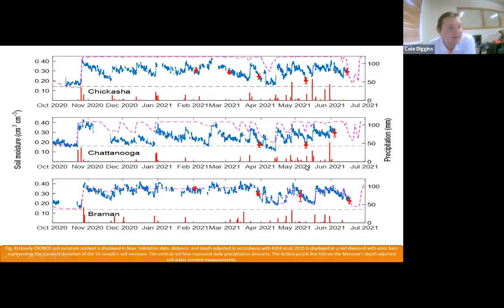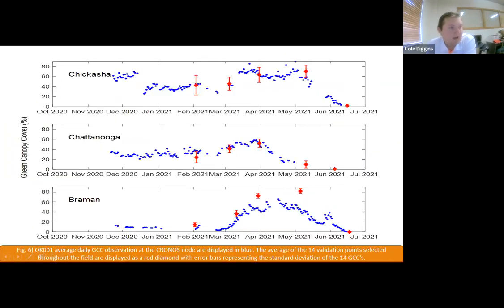I want to bring you back to this soil moisture point where around the same time, we end up going below the permanent wilting point. And we're able to see and understand, thanks to the wide-reaching vision of these stations, of the soil plant atmosphere continuum, we're able to really see that effect and understand it better as we see that green canopy cover drop, knowing the soil moisture had dropped that low.